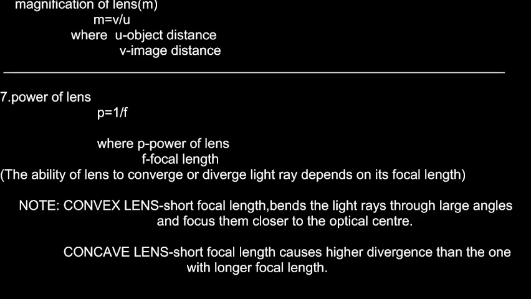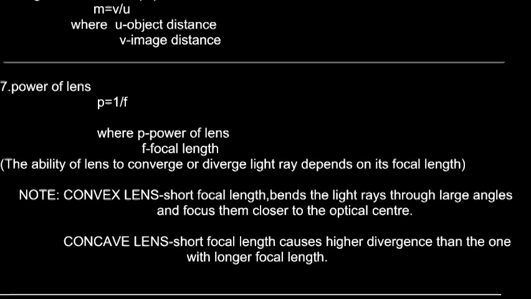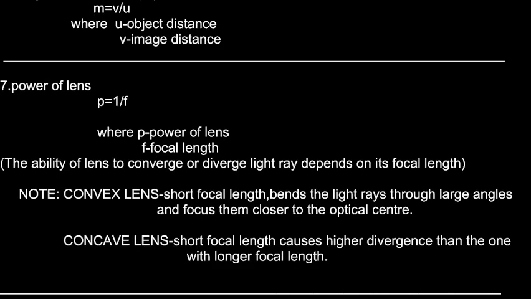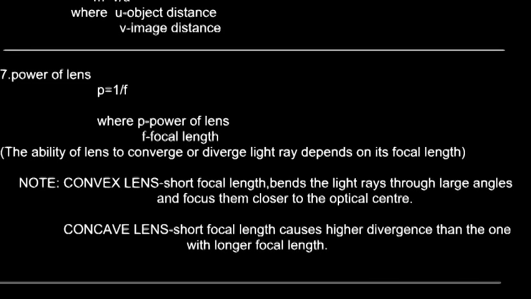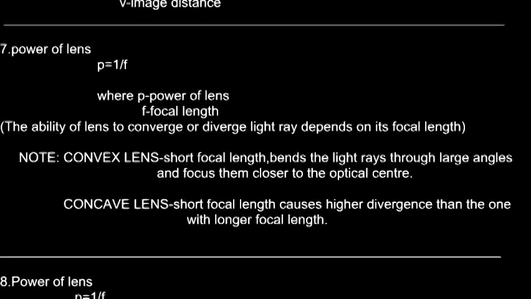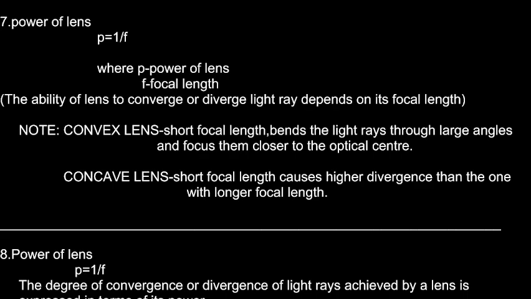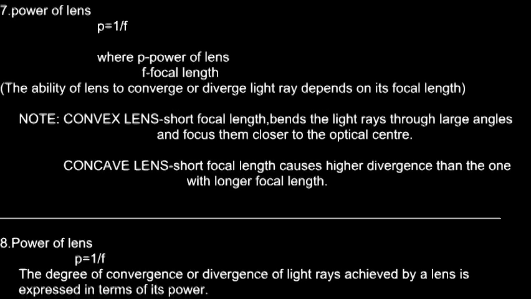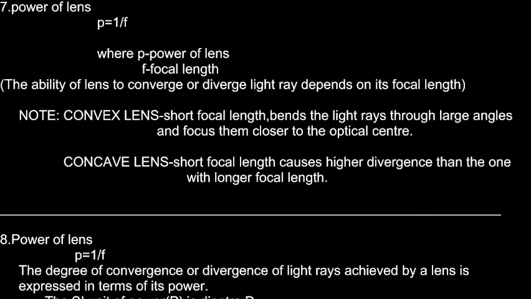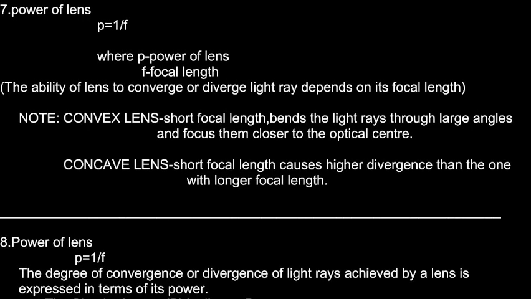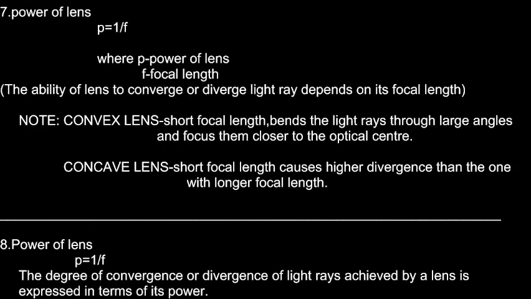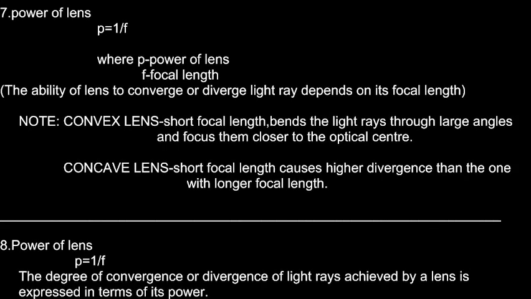Here I want to say a few points because they may ask MCQs on these. First, the convex lens. Suppose the focal length of the convex lens is short. In that case, the convex lens bends the light rays through large angles. P is 1 upon f, and the focal length is smaller here.